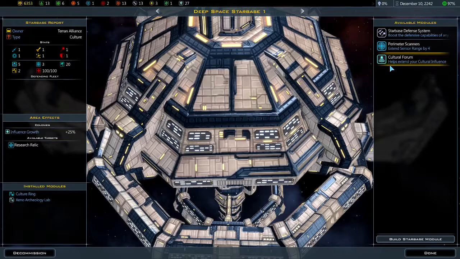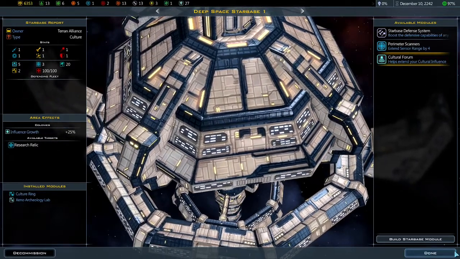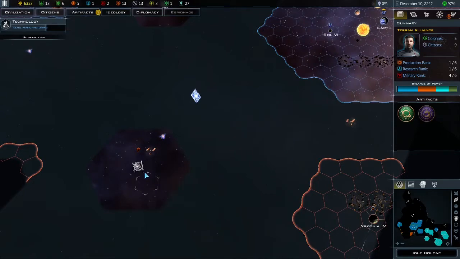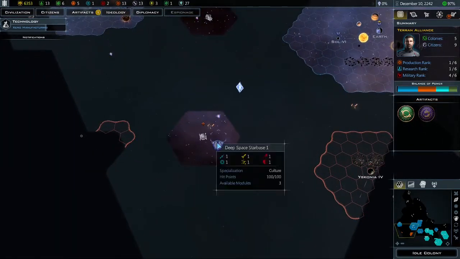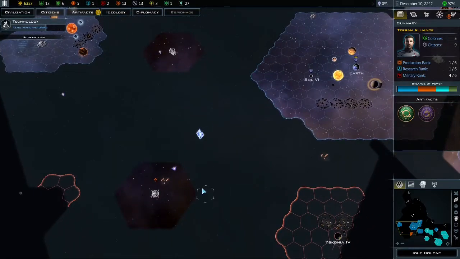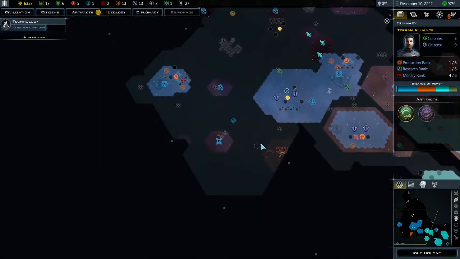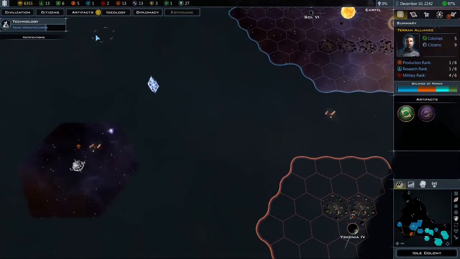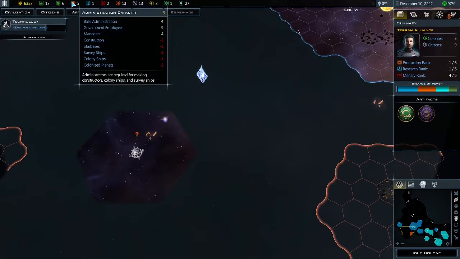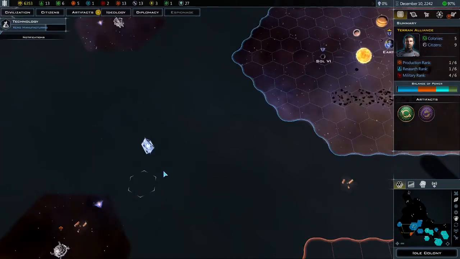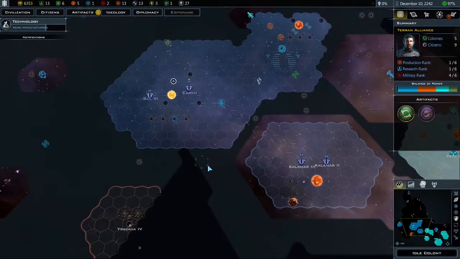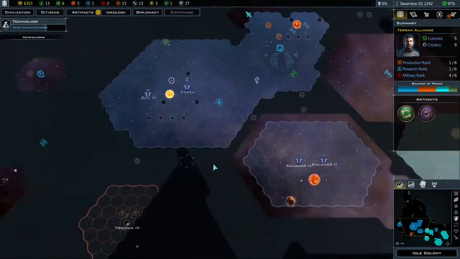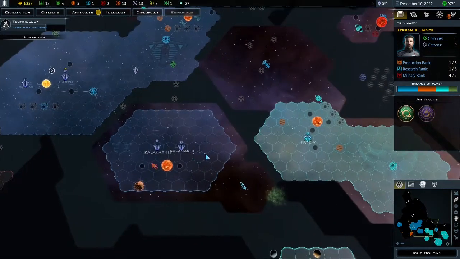And get an archaeology lab, and that way we will be collecting that research relic, which will be increasing our research, and we will be really influencing this area where we don't have any colonies at all. So that's also a pretty nice way to increase your influence around there. But the only downside is that it really uses up a lot of administration. So yeah, you might need to build a couple of administrative buildings around the area to increase your administrative capacity.